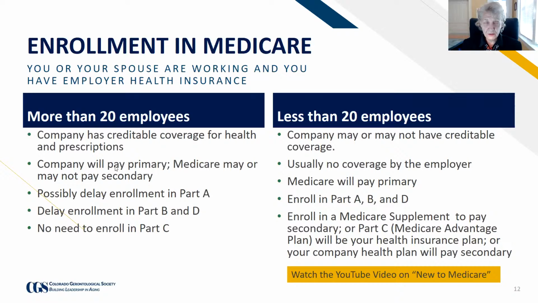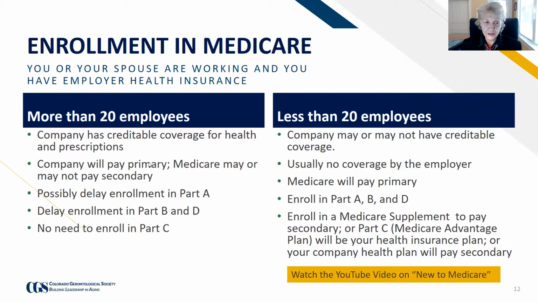So when talking to the HR department, most companies with 20 or more employees are required to cover you with them paying primary on their health insurance. Then they can either opt to have Medicare pay secondary, or they can also continue to pay all of the costs as they would have previously.